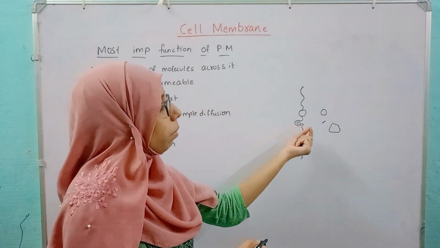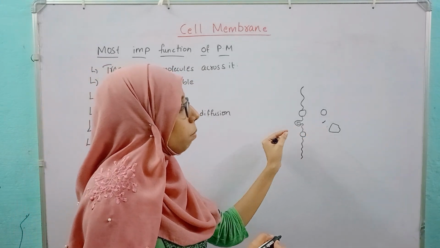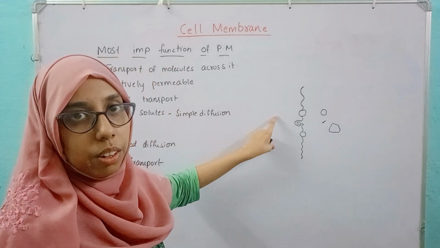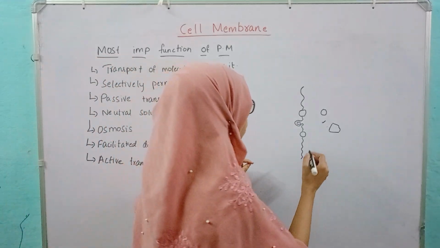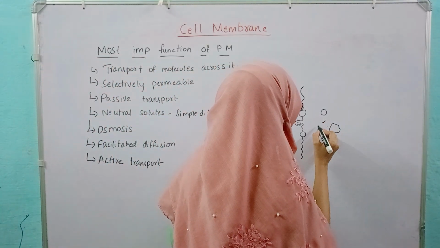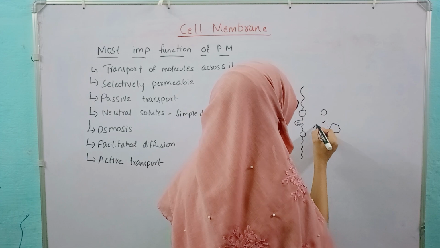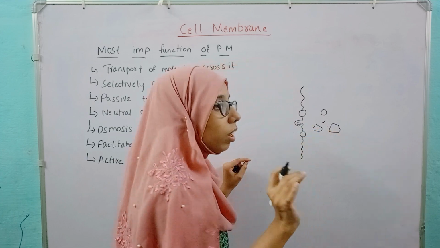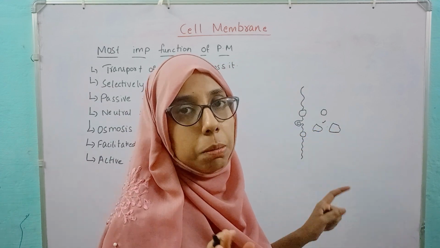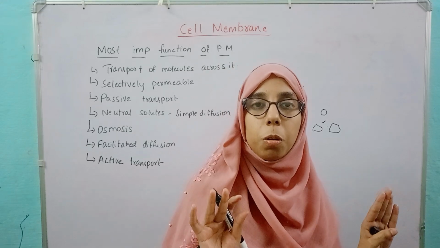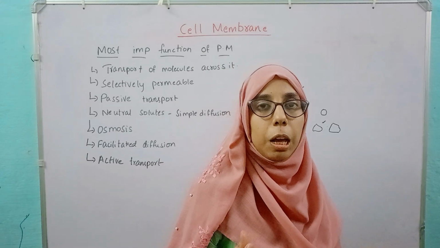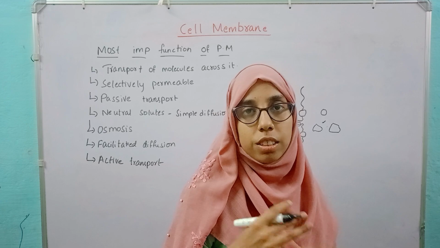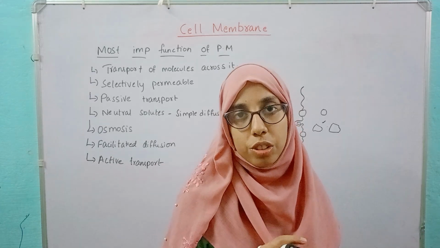The plasma membrane makes it possible for the molecule to enter the cell. Whereas if a molecule is present but it is not needed by the cell, the plasma membrane will not allow it to pass through. This nature of the plasma membrane is described as selectively permeable nature.